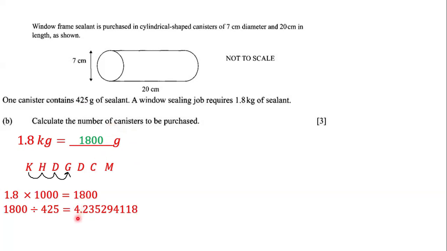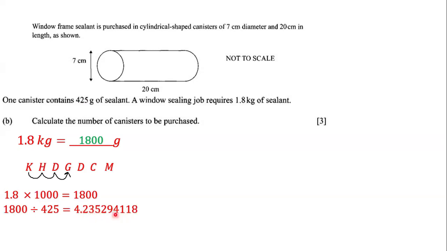Now, a person can say the answer is 4 canisters because we got 4 here. Well, 4 canisters will be too little. It won't be enough to finish the job, because you still have some more left, and that's what the decimal is saying.